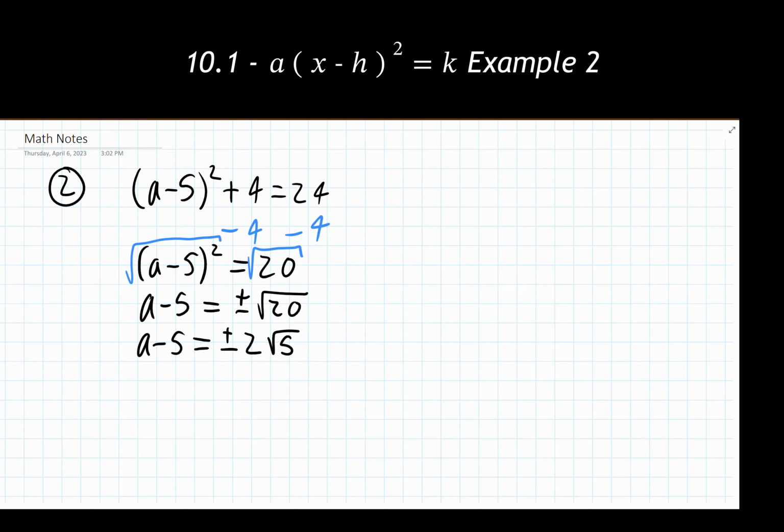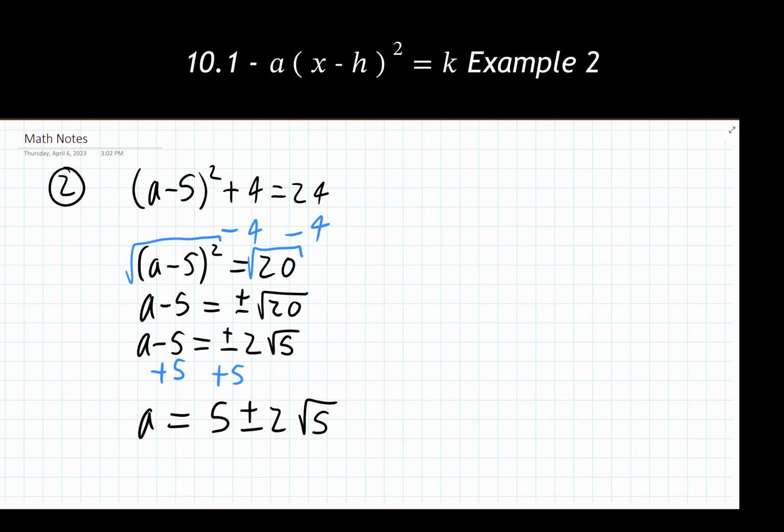So for this problem, we're going to leave this 2 root 5 in there, and we're not going to really do anything else with it. So to get this a all by itself, I'm going to end up adding 5 to both sides of this equation. So what I'm getting now is a positive 5 plus or minus 2 square root of 5.